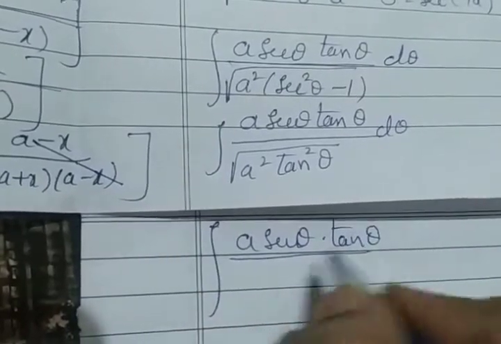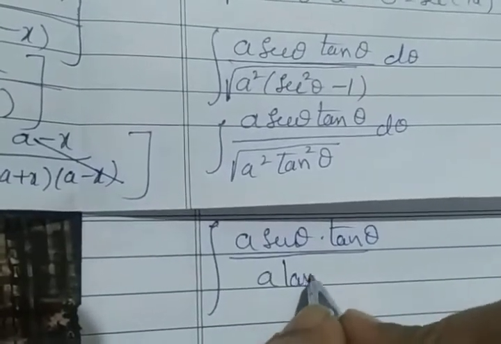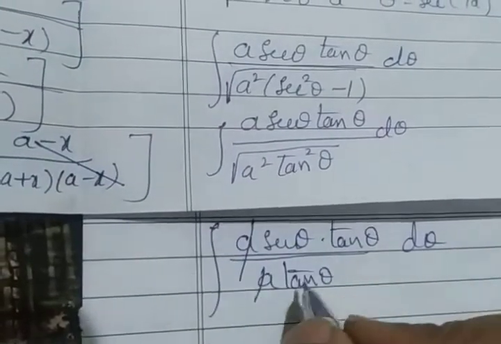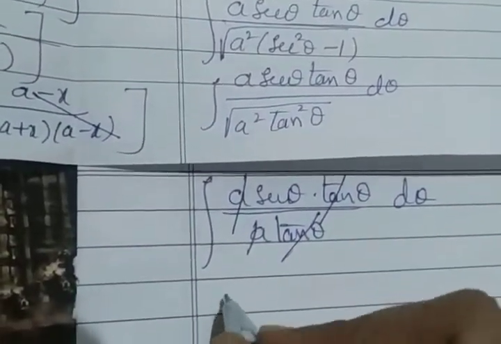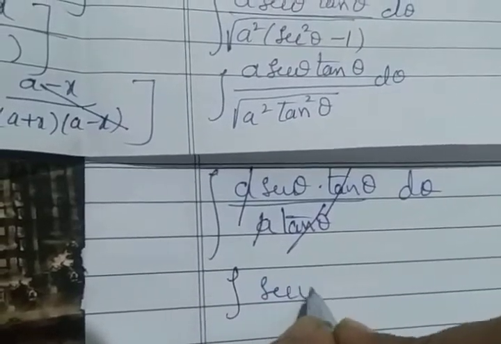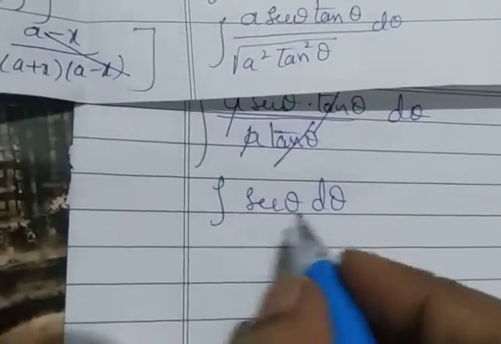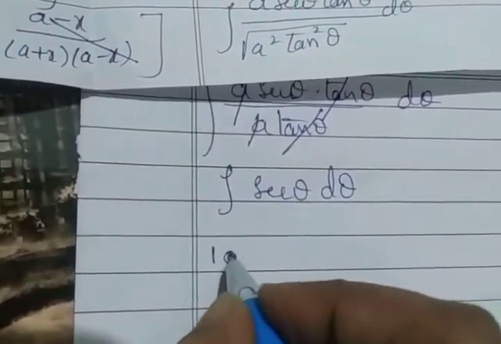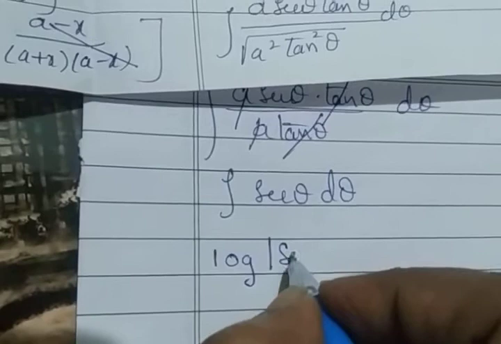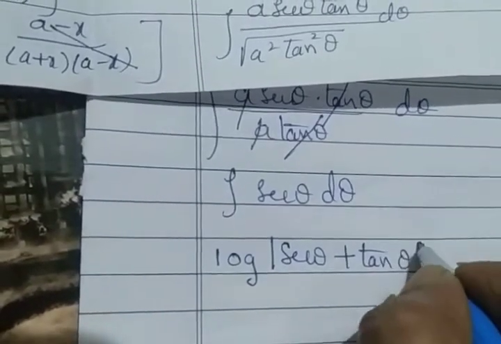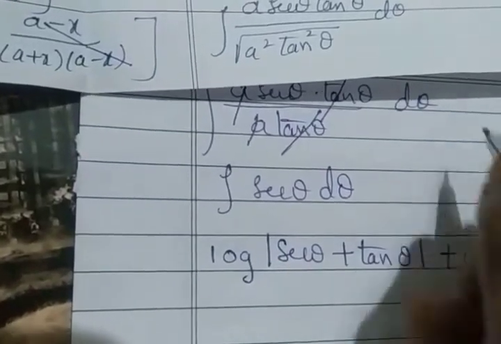If it comes out from the root, it becomes a tan theta d theta. All the identities are very important, children. Compulsorily one identity will be there for the 5 marks question. What's the integral of secant theta? Log of secant theta plus tan theta plus c.